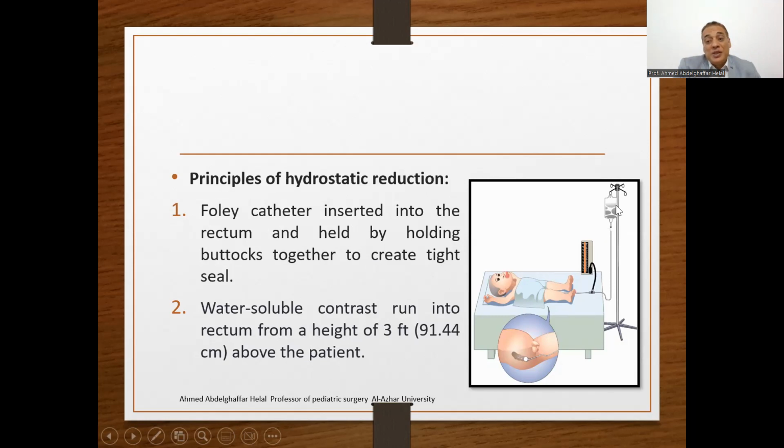You must put this at the present height above the patient to allow free flow without excessive pressure.